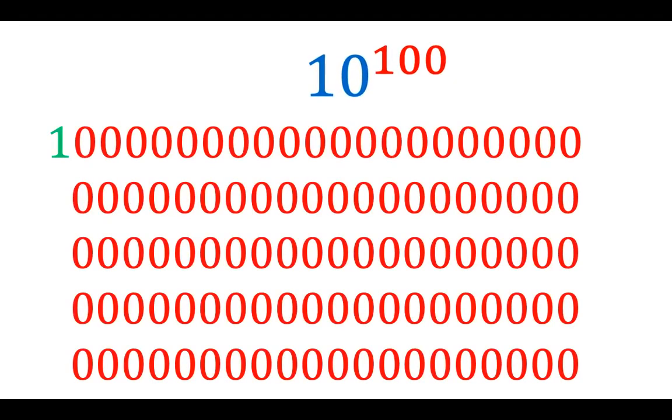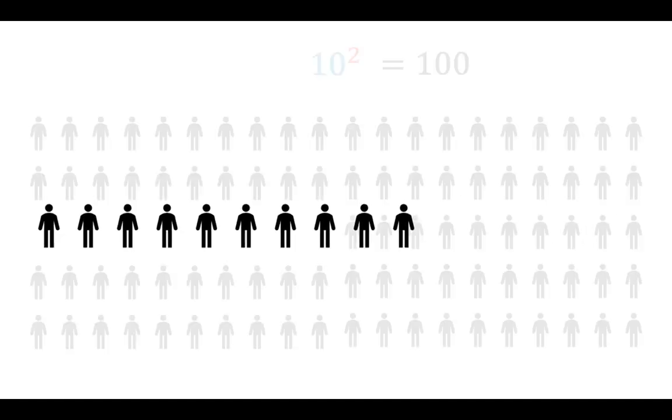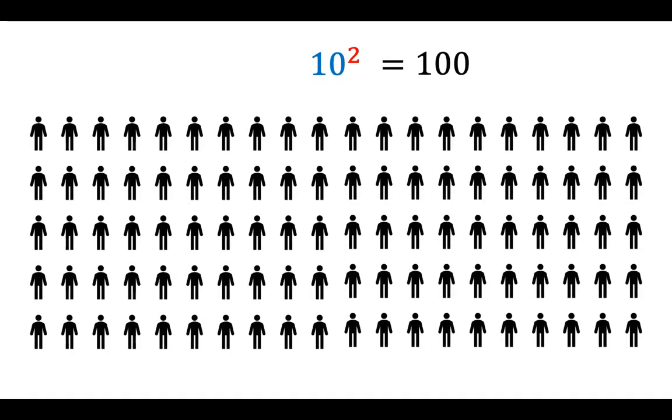Okay, so this is the full decimal form. It's a 1 with 100 zeros. And let's just go back to this. A 1 with 1 zero, that's 10 people. We can imagine that. A 1 with 2 zeros, 100 people. We can imagine that.